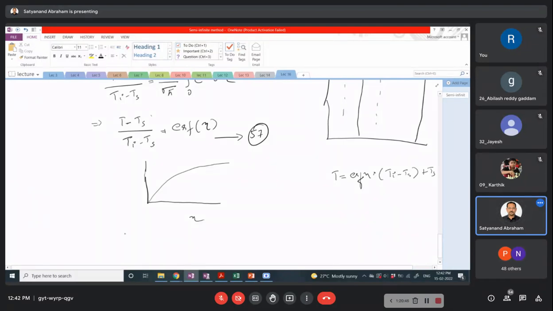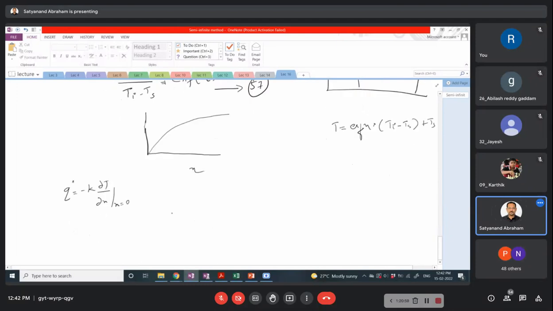The heat flux we know: q is equal to minus k dT by dx at x is equal to 0.